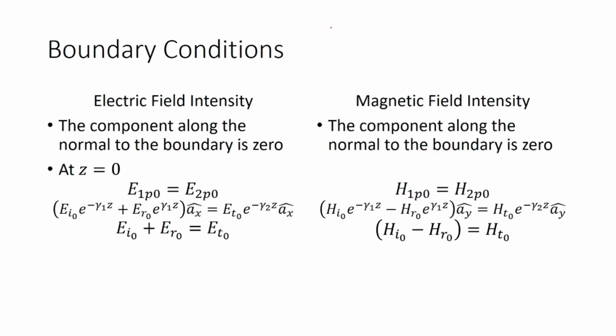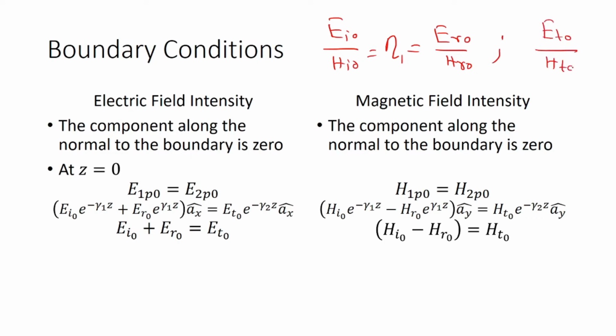We have already discussed that Ei naught by Hi naught equals eta 1, which is also equal to Er naught by Hr naught. Similarly, Et naught by Ht naught equals eta 2. Therefore, using that relation, Hi naught minus Hr naught can be written as Ei naught minus Er naught by eta 1, and Ht naught can be written as Et naught by eta 2.